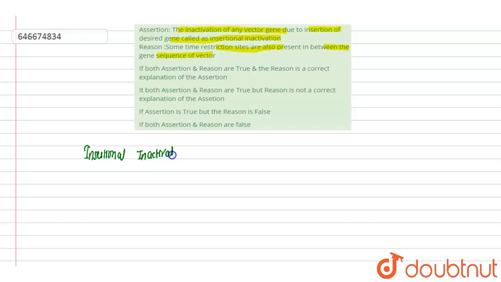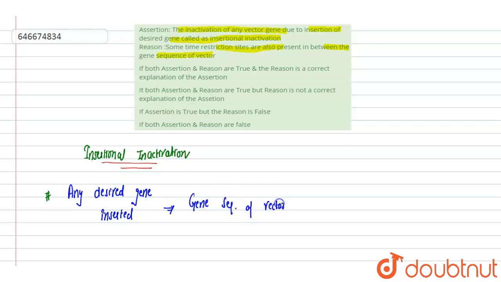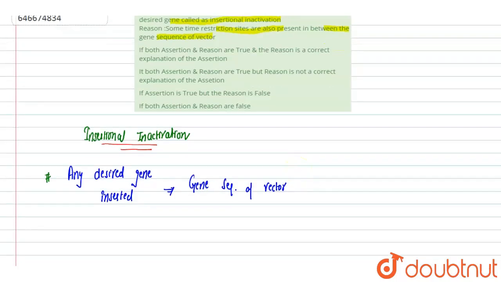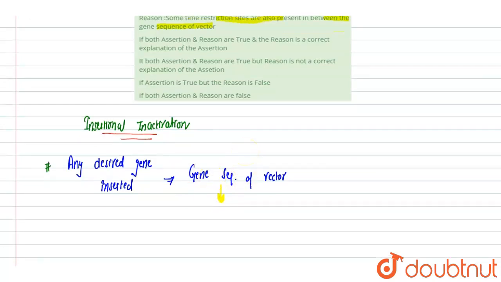Insertional inactivation means, as the name indicates, that when any foreign gene, any desired gene, is inserted into the gene sequence of a vector, that gene gets inactivated because of the insertion into the gene sequence of the vector.